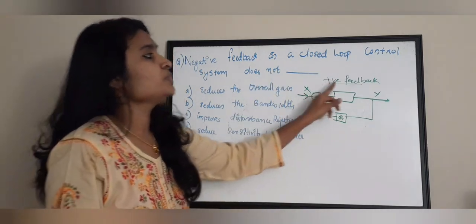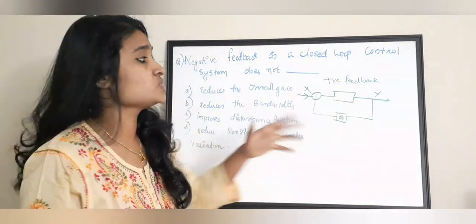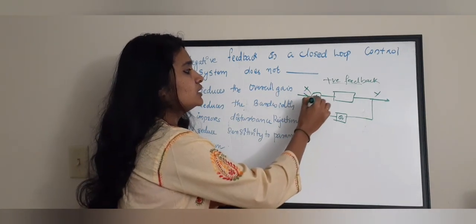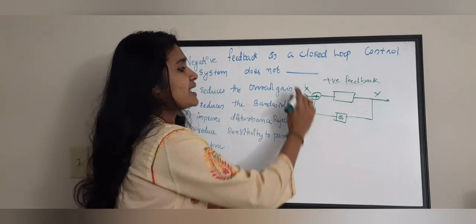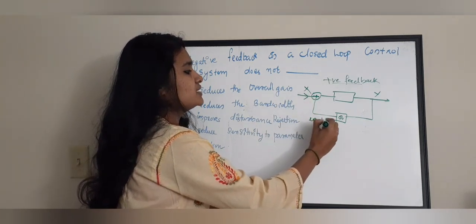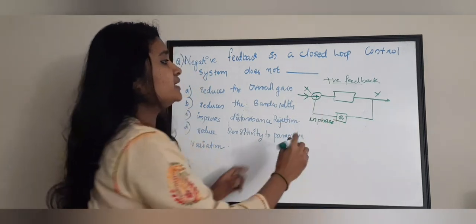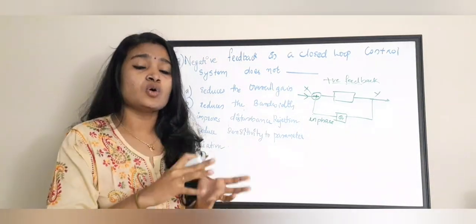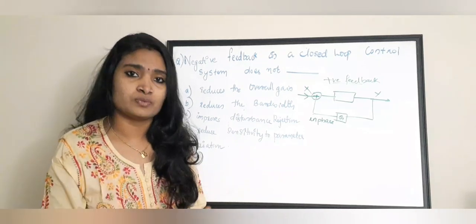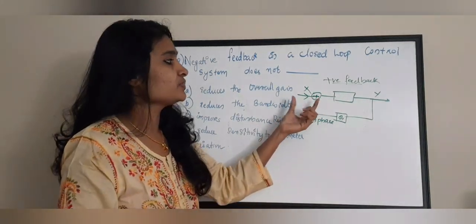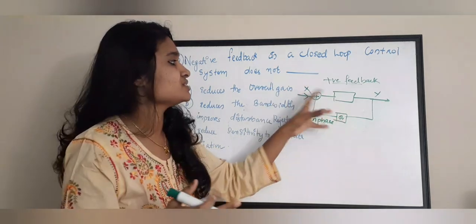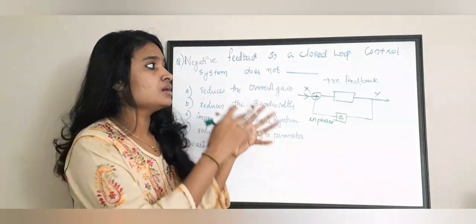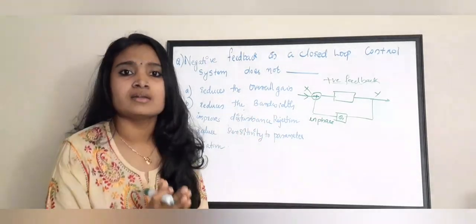If the system is a positive feedback system, this feedback is added to the input, and this addition is happening in phase. As the result, the overall gain of the system will get improved. There is an original gain of the system, and the overall gain will be higher than the original gain. That is the advantage of a positive feedback control system.